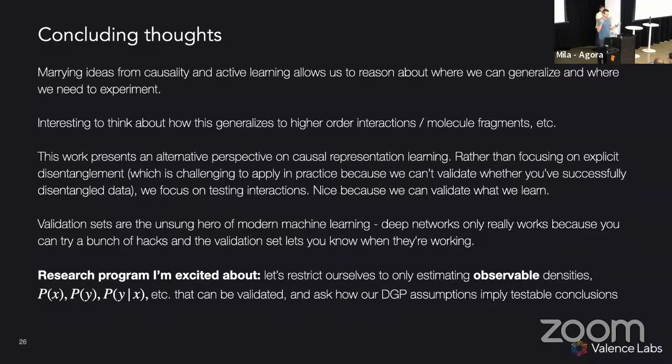This is very important when you're trying to fit these high-dimensional models, and it can be very difficult to do in standard disentanglement approaches. So this research program that I'm excited about is thinking about how observable quantities that we can estimate, like these conditional densities, can be validated and allow us to extract the causal relationships that underlie these high-dimensional observations. Yep, that's it. Thank you.